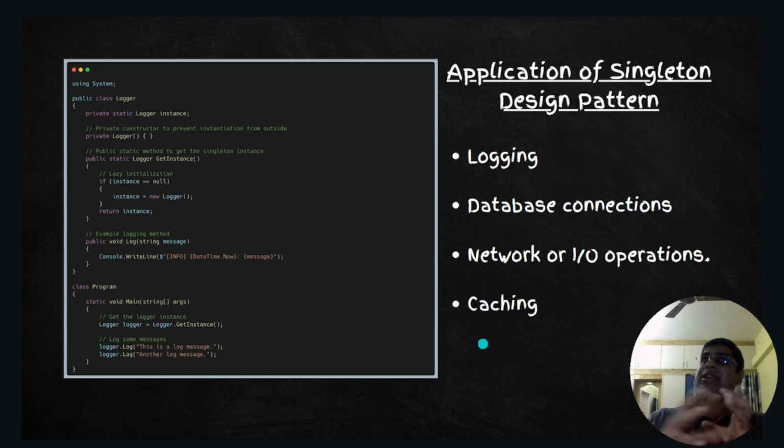Every time you need the same instance of that object. Let's say you are caching the user object or the session state. It will be the single object available throughout the application. There is not going to be more than one object available to the application.